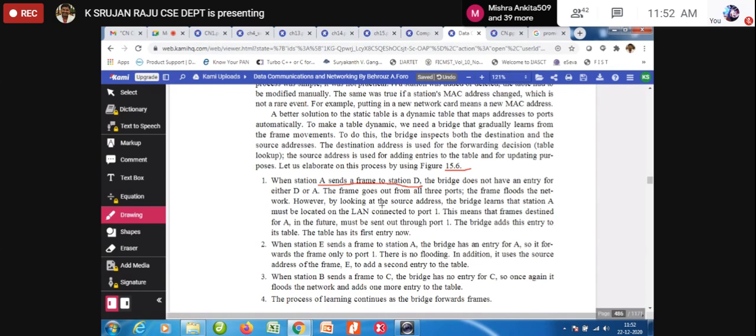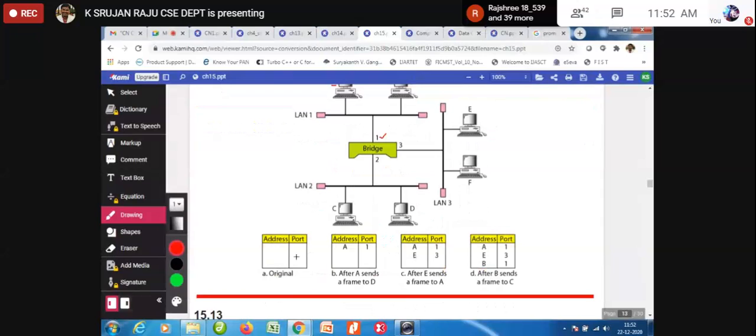By looking at the source address, the bridge learns that station A must be connected to the LAN connected to port 1. This means that frames destined for A in the future must be sent out through port 1. The bridge adds this entry to its table, and the table has its first entry now, as you can see here. Initially it is not having anything, and after that it has learned and added it.